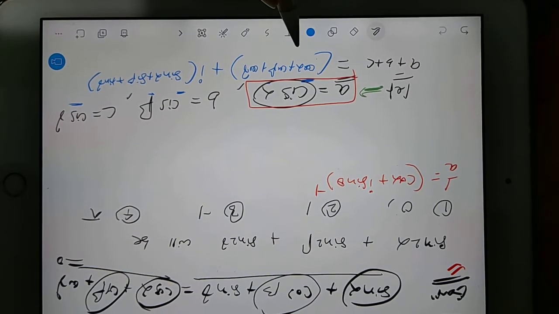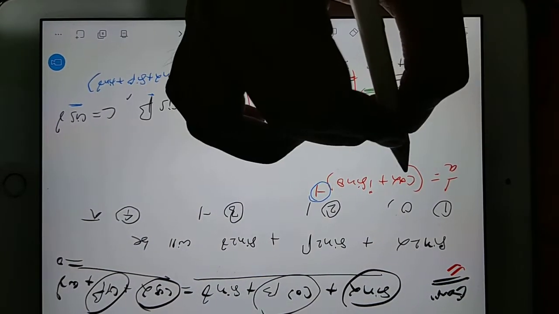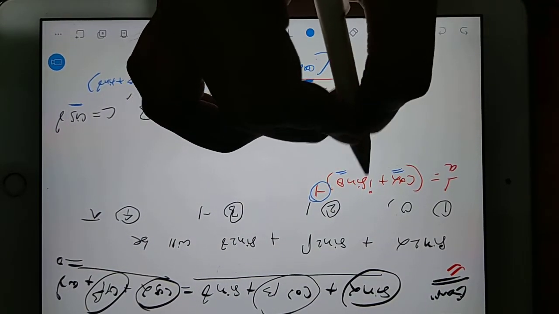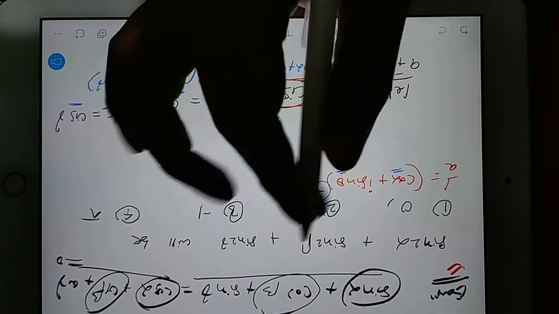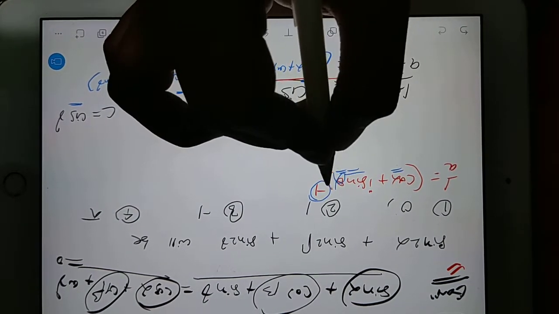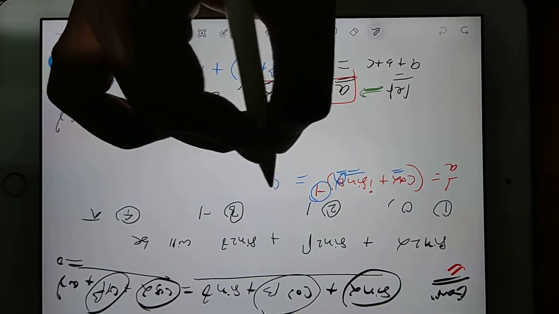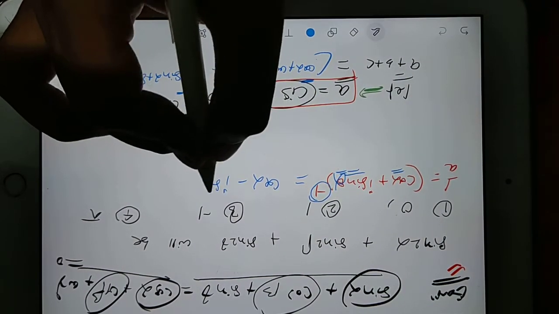Can I apply De Moivre's theorem here? Yes. How? This minus 1 I can send to alpha in both places. So cos minus alpha will be cos alpha only, but sin minus alpha will be minus sin alpha. So this will be cos alpha minus i sin alpha.